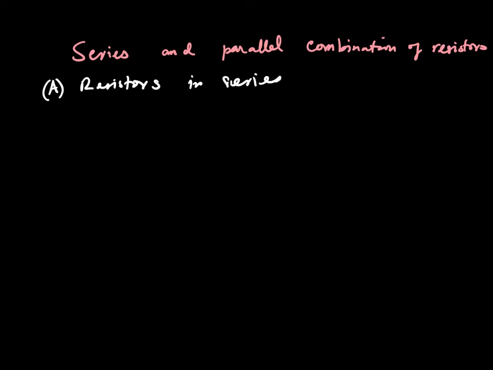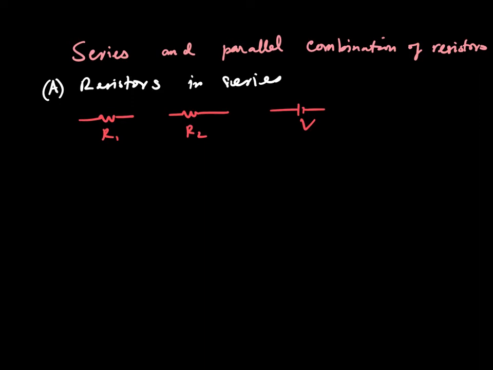So A, resistors in series. Basically, given two resistors, so this is R1 and R2, and let's say a voltage source V. There are two possible ways in which these two resistors could be combined.